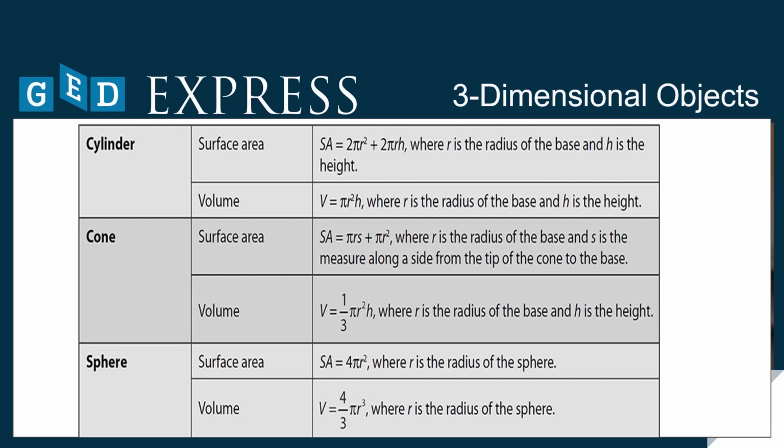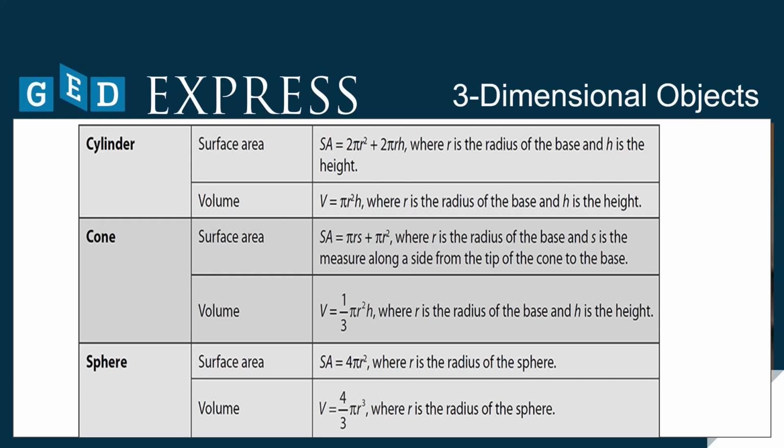Volume, V is equal to 1 over 3 pi r squared h, where r is the radius of the base and h is the height. Sphere, surface area is equal to 4 pi r squared. r is the radius. For volume, V is equal to 4 over 3 pi r cubed, where r is the radius of the sphere.